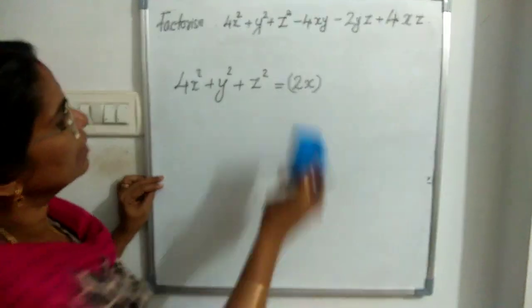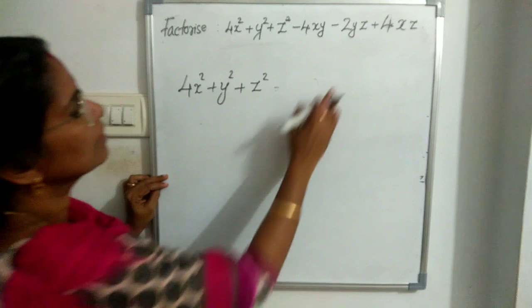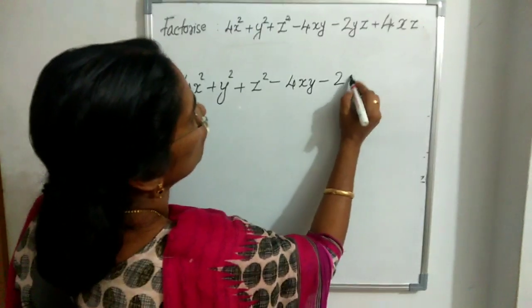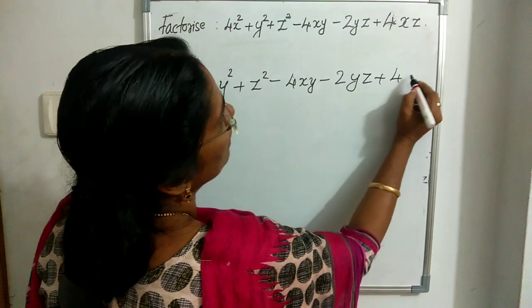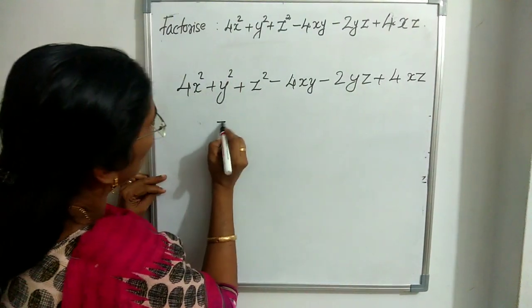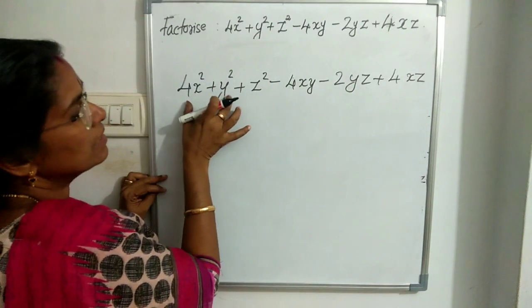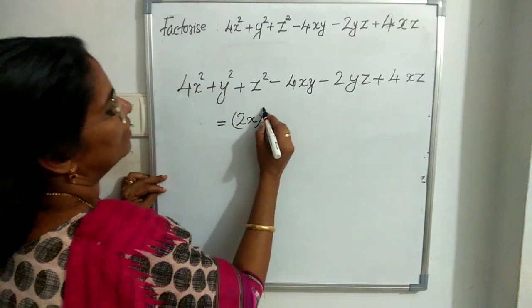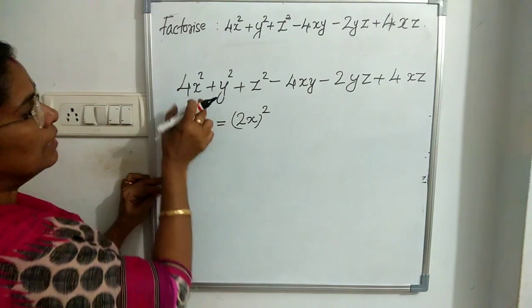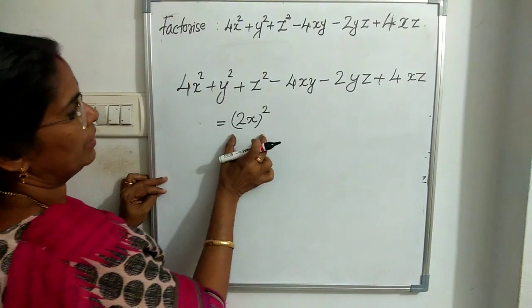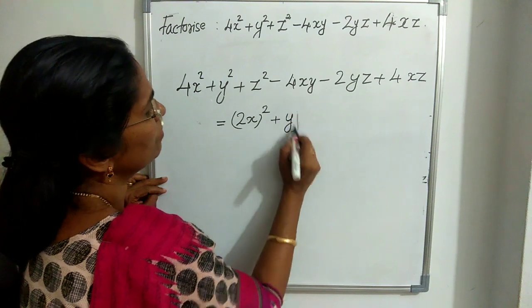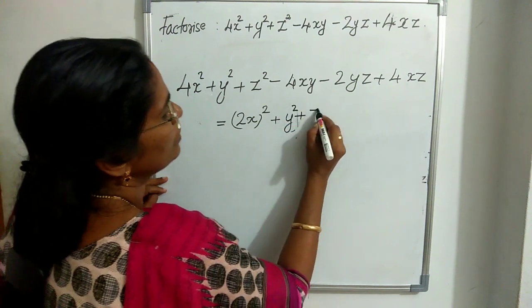Fully you have to write the question: x square plus minus 4xy minus 2yz plus 4xz. That is equal to, we are changing this in terms of these terms. 4x square we can write as 2x whole square. Y square we cannot change, that is y square itself. Z square also no need to change.